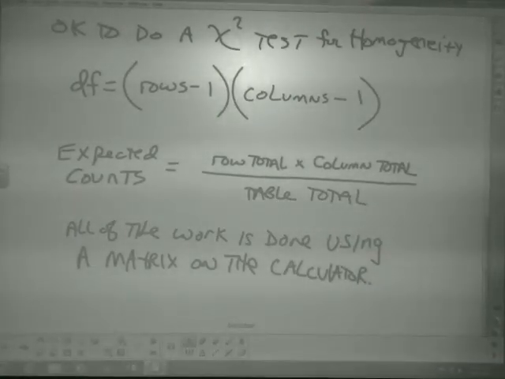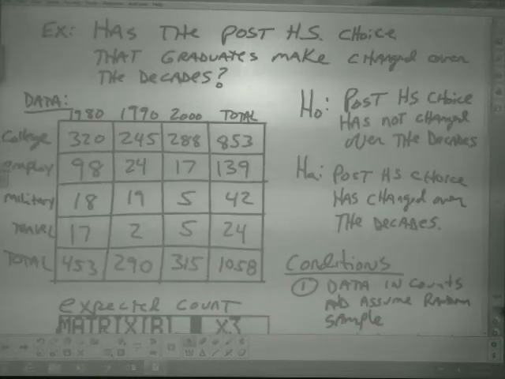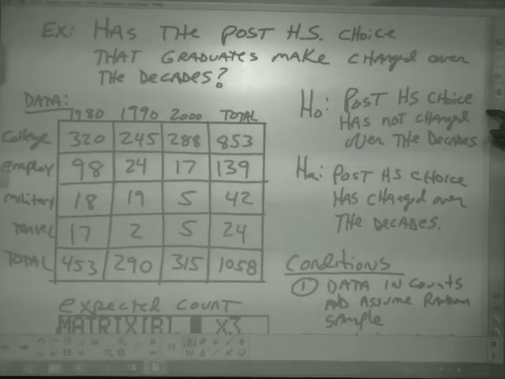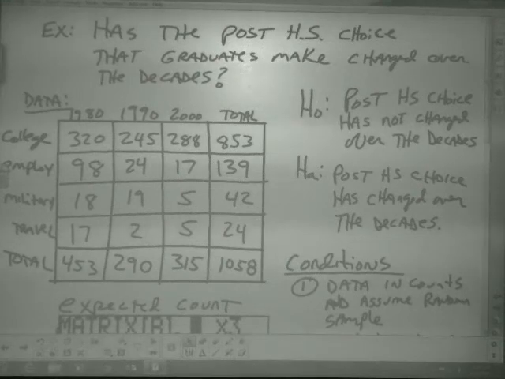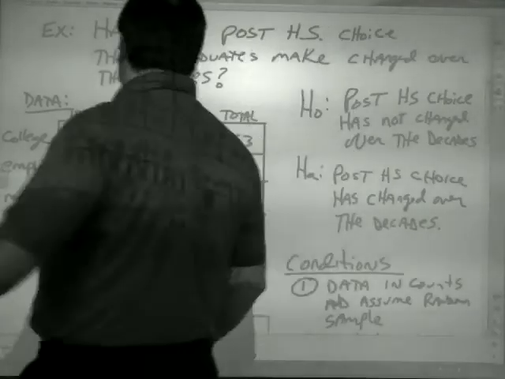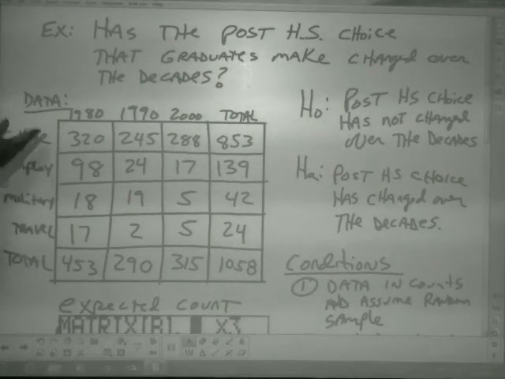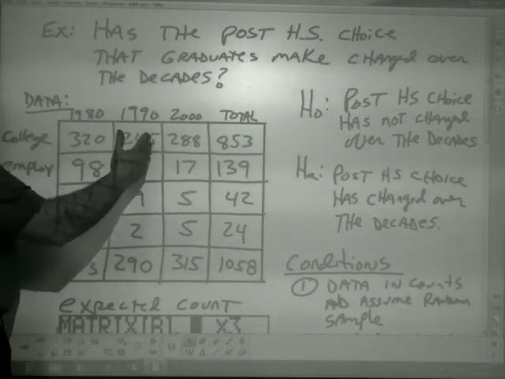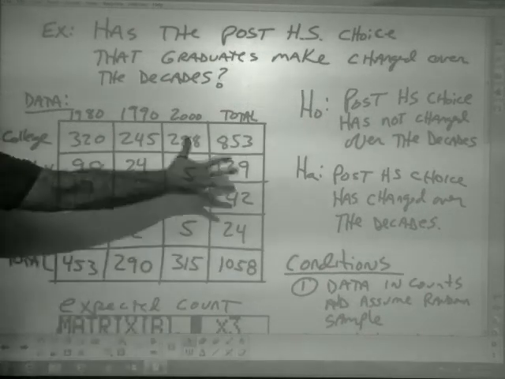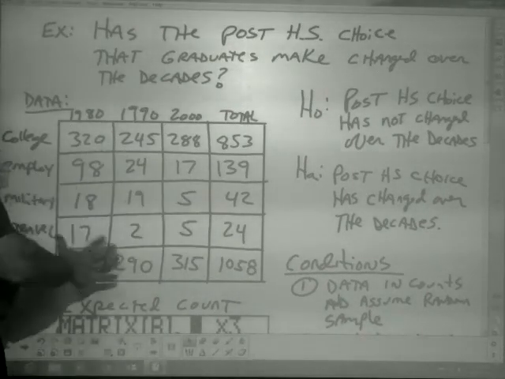So we're going to take a look at an example in class. You do not have to write this down, but here's an example we're going to look at. Has post-high school choice that graduates make changed over the decades? Notice, I have post-high school choices. I have different decades, a two-way table. All right?